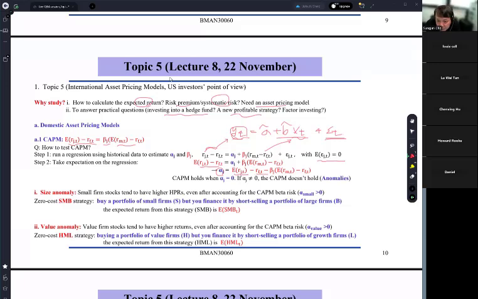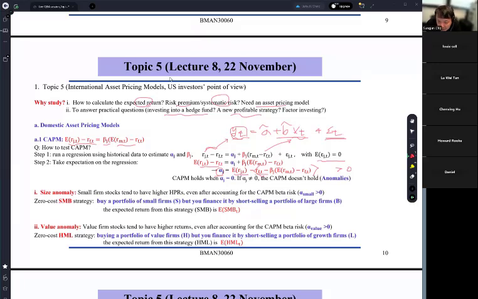We interpret this term here as what the CAPM says this asset should earn, right? So alpha means the average excess return from investing into SHA beyond that. If this is bigger than 0, the average excess return is bigger than what the CAPM says you should earn.